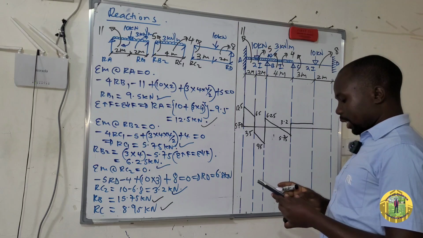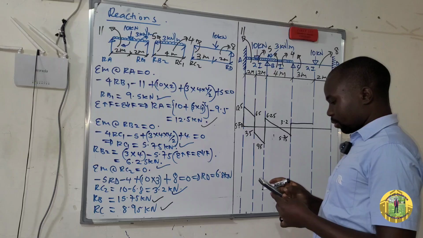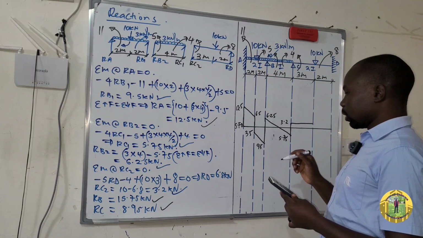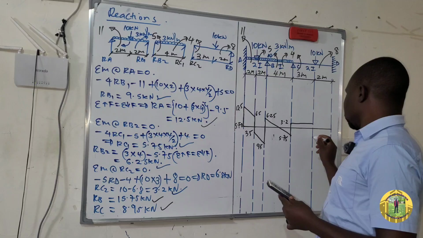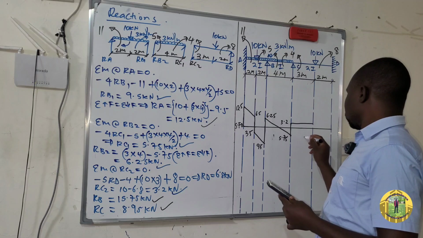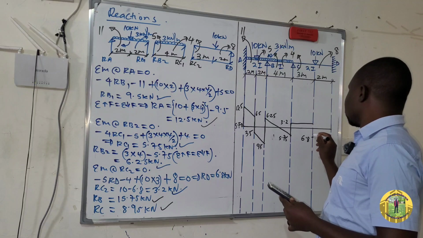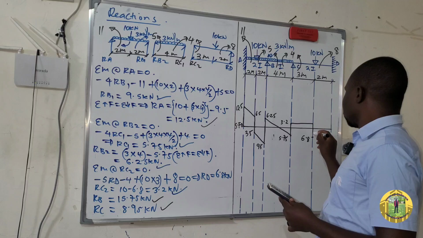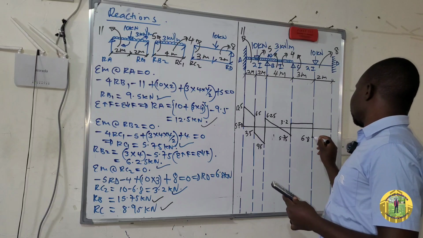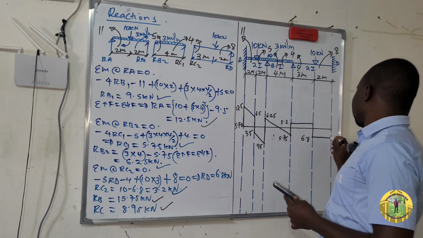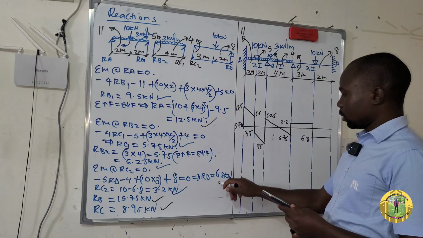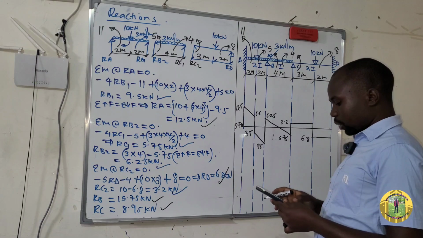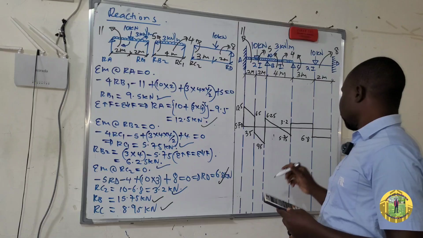Then minus 10, you'll get negative 6.8. Then it will be constant up to D. So negative 6.8 add RD, plus 6.8, you'll get 0.